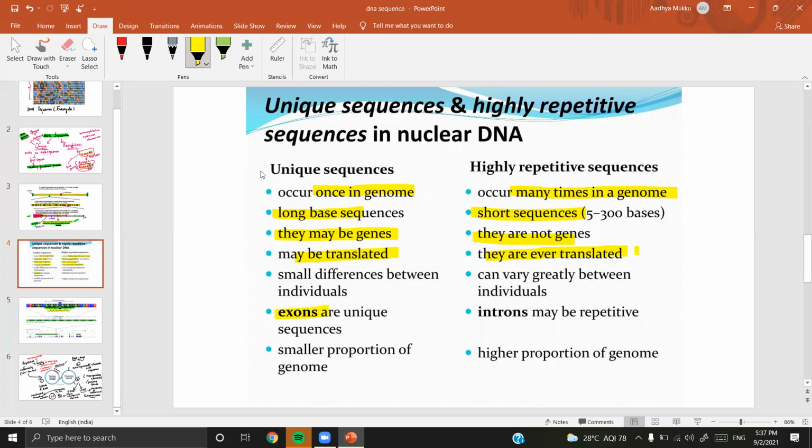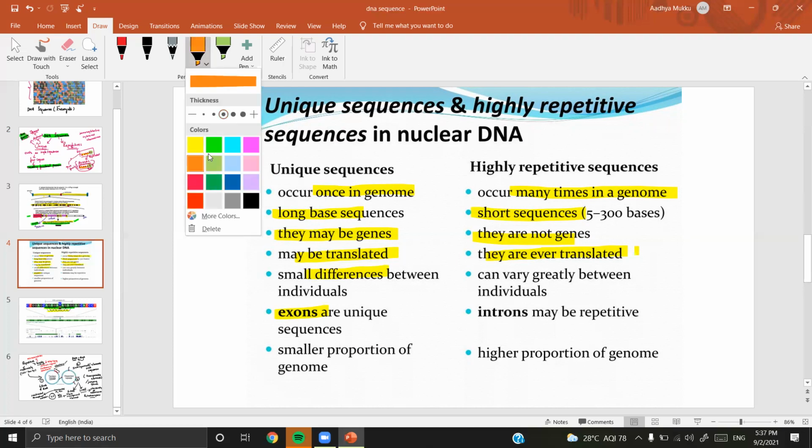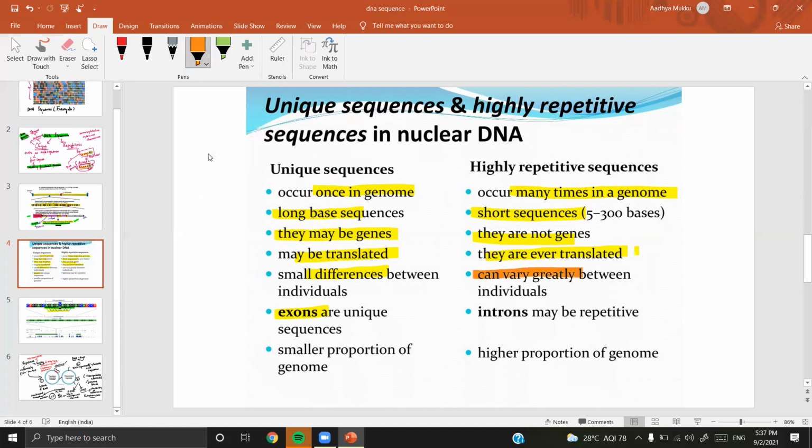And remember, children, there is very little difference between the unique sequences in different individuals. But the most important point to remember is that the highly repetitive tandems vary a lot between individuals.